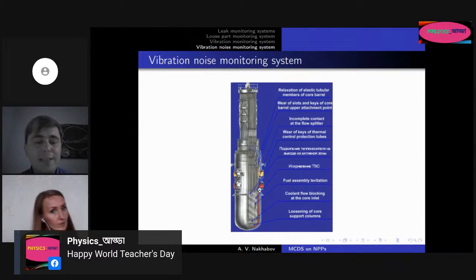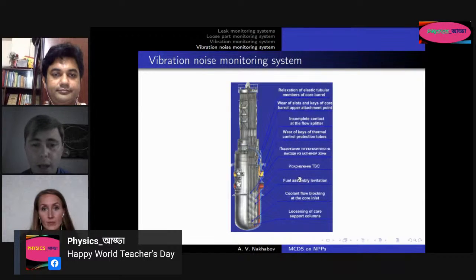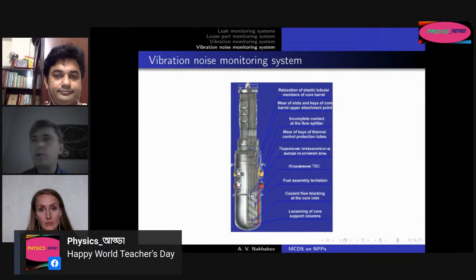On this slide, you see possible sources of vibration. As I said, relaxation of some members and so on. Two points in Russian mean slight boiling of coolant. Slight means not boiling in the whole volume of the core, but in several channels between fuel rods, for example.